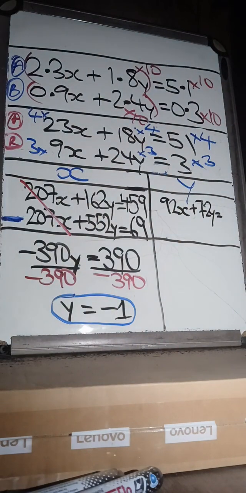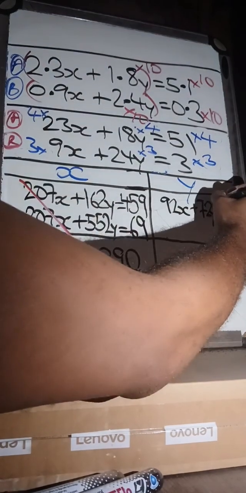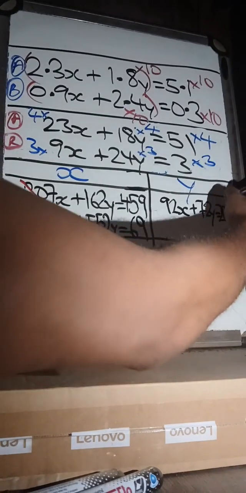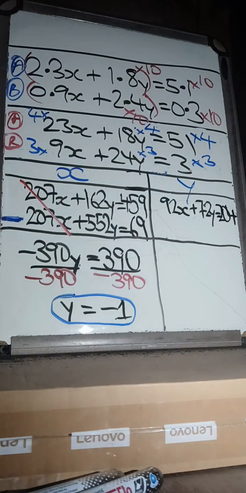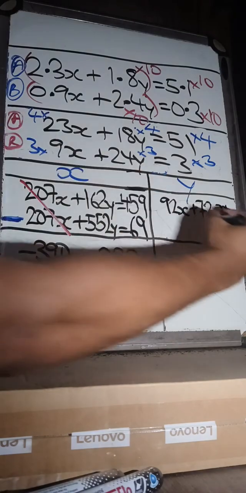What else now? Oh, 51 plus 51, 102 plus 102, so this is 204. So that's 204. So 92x plus 72y equal to 204.